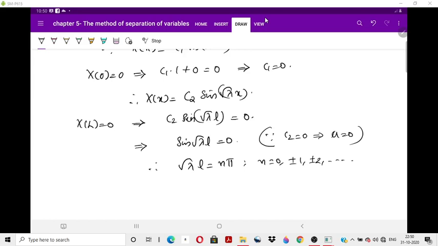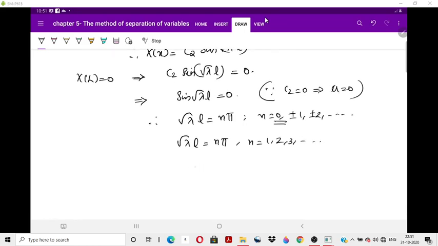So when n equal to 0, that is lambda equal to 0. But lambda equal to 0 is not an eigenvalue, so we can exclude that 0. So root lambda L equal to n pi for n equal to 1, 2, 3, etc. This is because when we are considering lambda, we have n pi by L the whole square, so we can avoid the negative values for n.